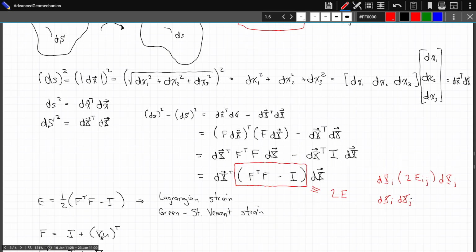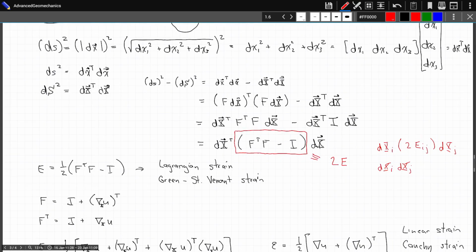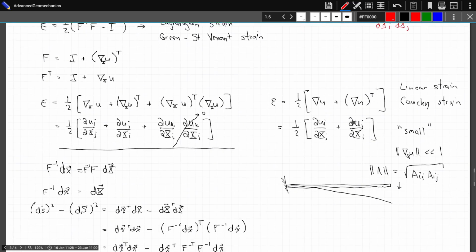And then again, we just define it to be 2e, and because these are referenced to the reference configuration, this is what we call the Lagrangian strain, or the Green strain, or the Saint Venant strain, right? This is a reference configuration. Like, that's what we get here. All right. And I mentioned we'll see where the 2 comes from later, and later is now, is today.